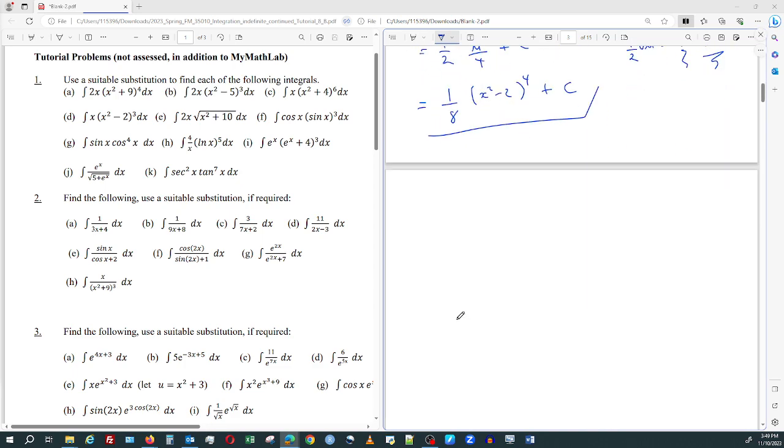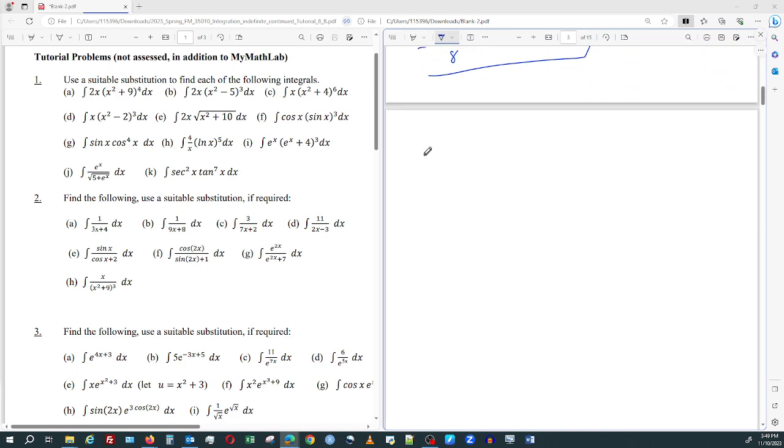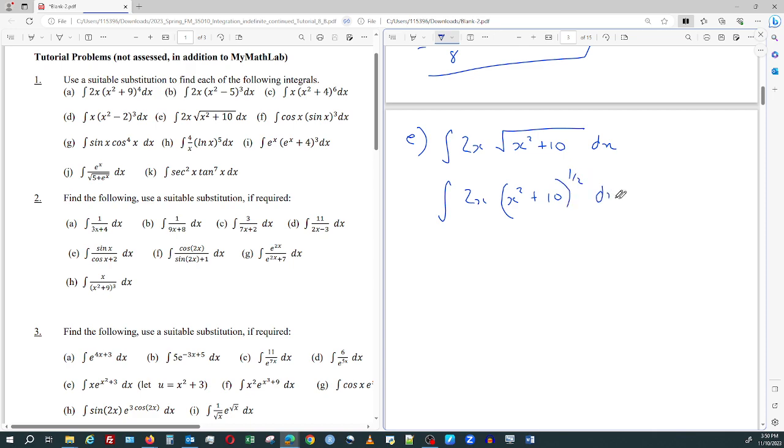So, in your formation, just go for it. Integrate 2x. Is there a derivative around? The square root. Oh, a bit of pre-work. x squared plus 10 dx is going to become x squared plus 10 to the power of a half dx.